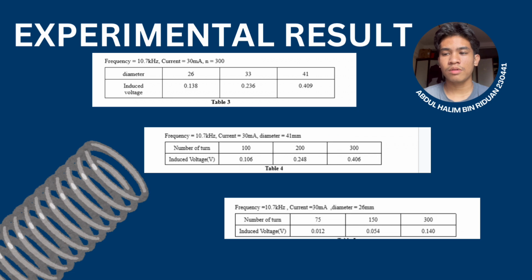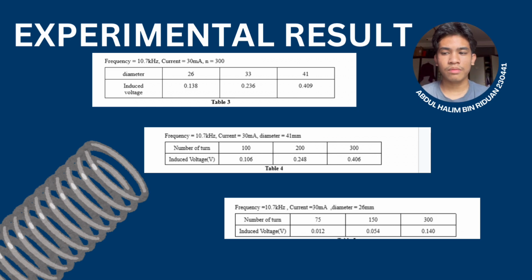For table number 4, we use the frequency, current, and diameter as the constant. The value of the frequency is 10.7 kHz, the current is 30 milliampere, and diameter is 41 millimeter. We change the number of turns and the induced voltage.